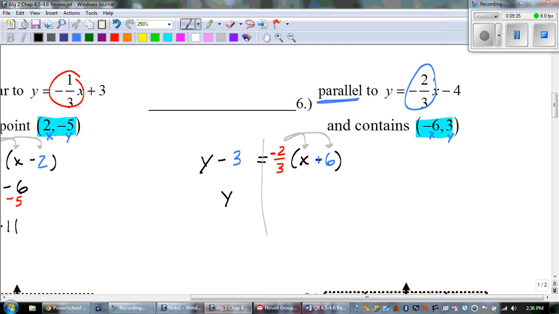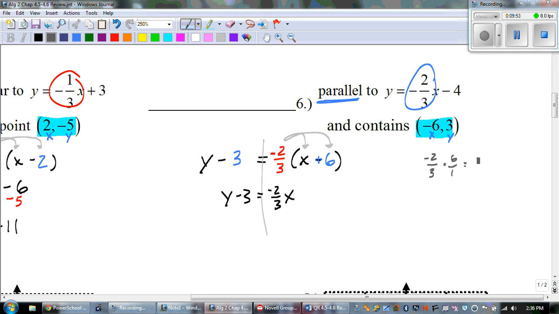Okay, so we have y minus 3 equals -2/3 x, and uh-oh, we have -2/3 times a +6/1.